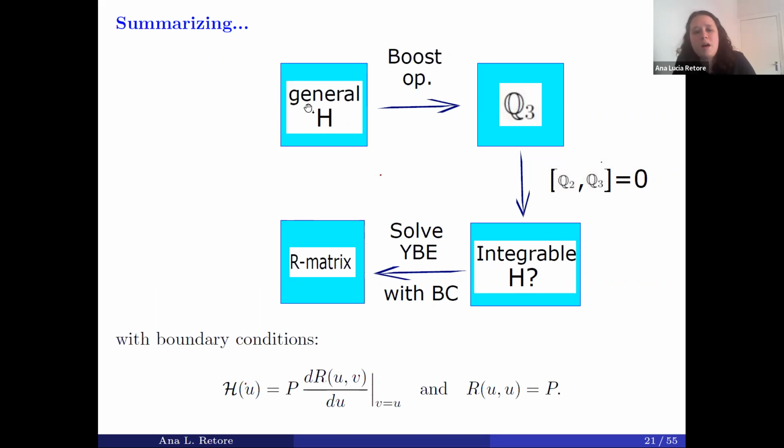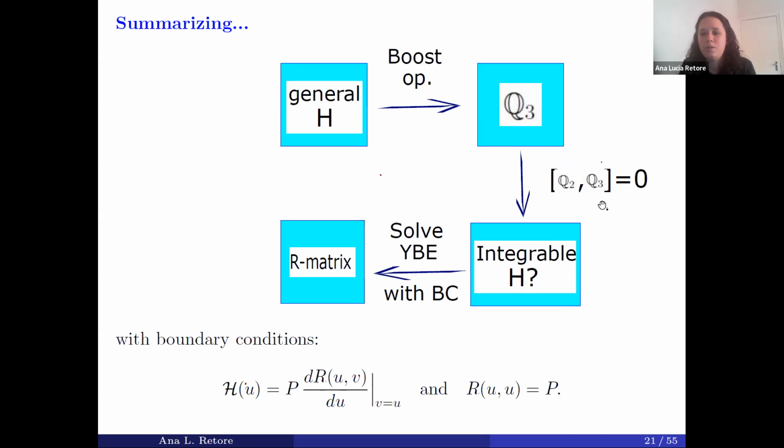You start with some ansatz, as general as you want, or as general as you are hopeful to solve. If it's too general, it becomes harder. You use the boost operator to generate Q3, and as I showed, there is a closed formula for Q3, so once you found it, you can just keep using it.